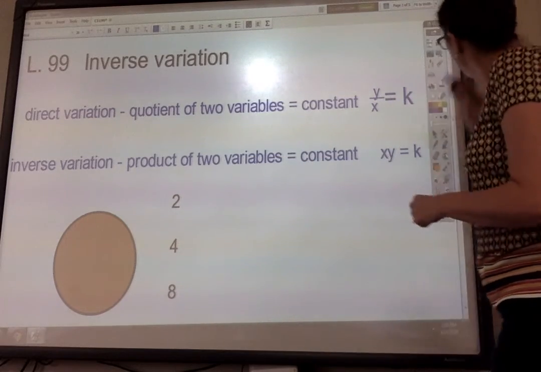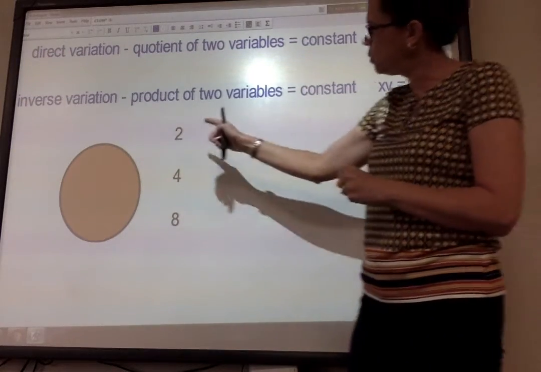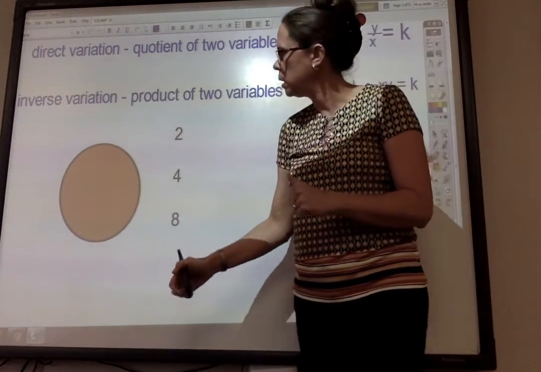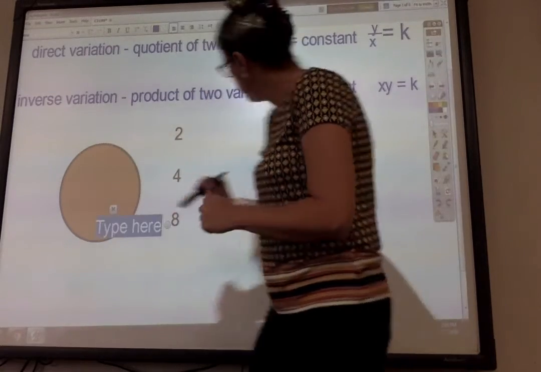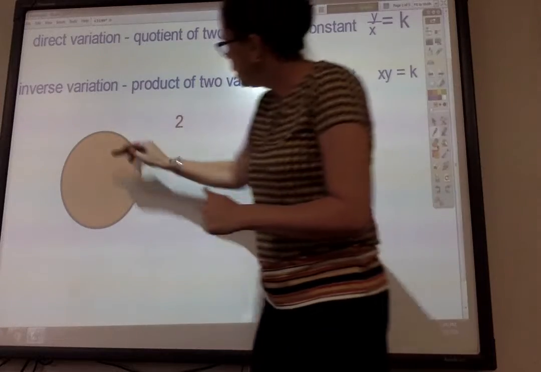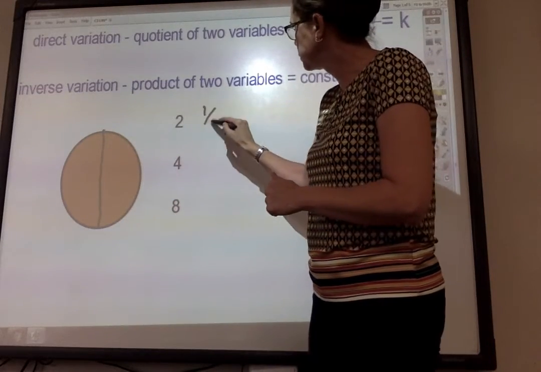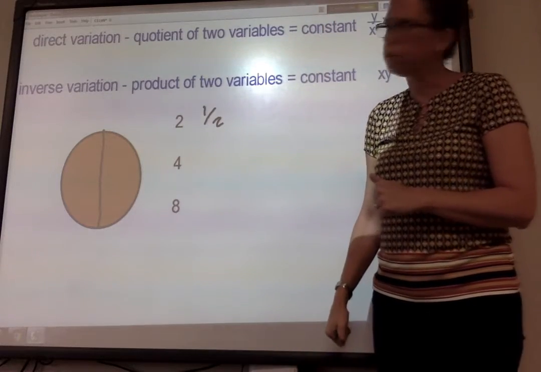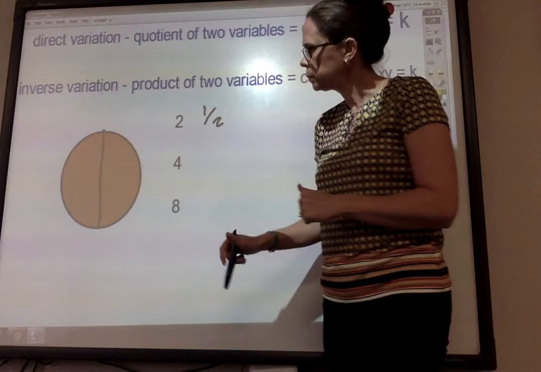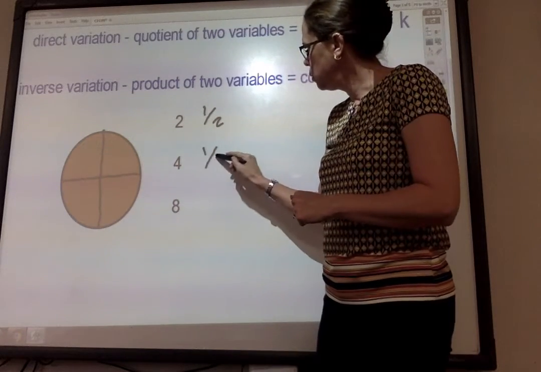I'm going to use a pie to show an inverse relationship. Think about if you have a pie for a holiday, and 2 people are going to eat the pie. If you're going to evenly split the pie, you get half a pie. But if 4 people are going to be eating the pie, each person doesn't get half, they only get 1/4.